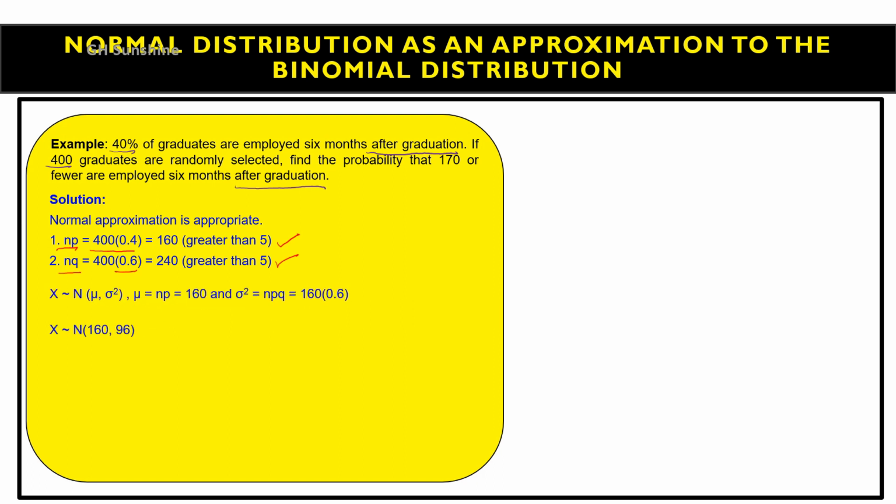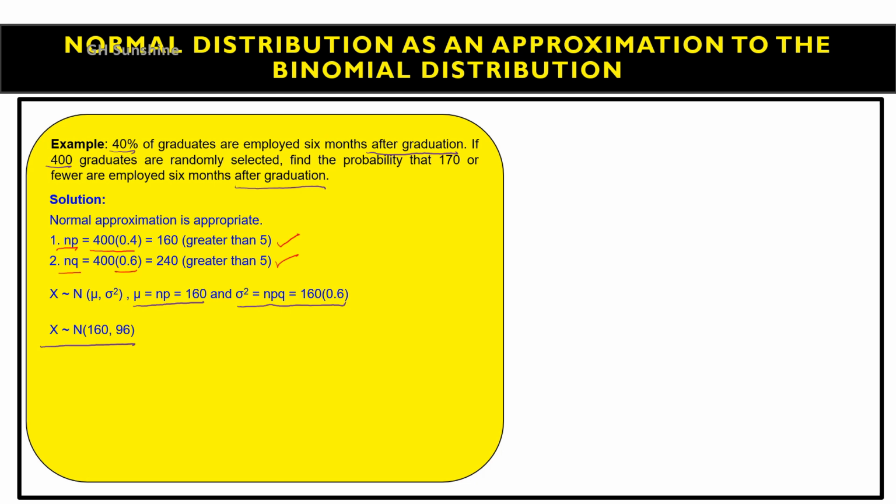So by using normal, you need to find the value of mu, the mean, and also the variance. The mean from the binomial distribution equals np, and the variance from the binomial distribution equals npq. Therefore, X follows a normal distribution with mean equal to 160 and variance equal to 96.